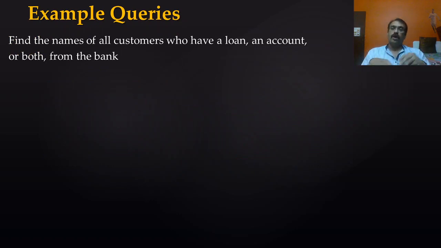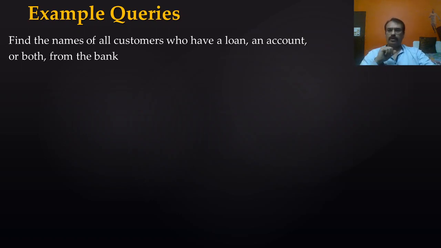Find the names of all customers who have a loan, an account, or both from the bank. How can we write this? Which relations are we going to use here? Depositor and borrower, because we only need customer names who are borrowers, or depositors, or both.